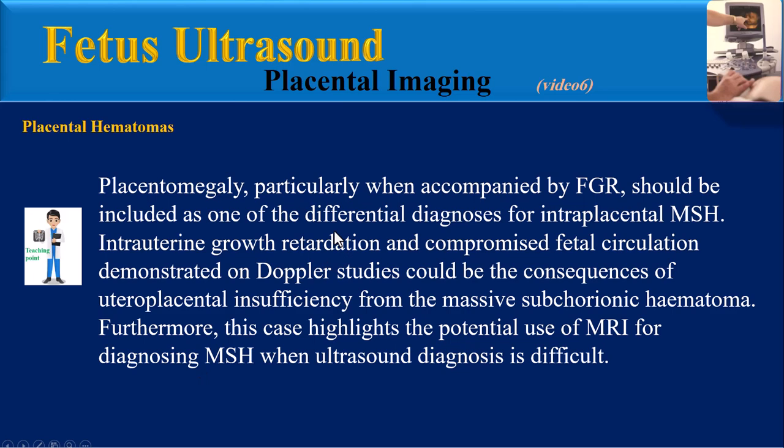Placentamegaly, particularly when accompanied by FGR, should be included as one of the differential diagnoses for intraplacental massive subchorionic hematoma. Intrauterine growth restriction and compromised fetal circulation demonstrated on Doppler studies should be consequences of uteroplacental insufficiency from the massive subchorionic hematoma.